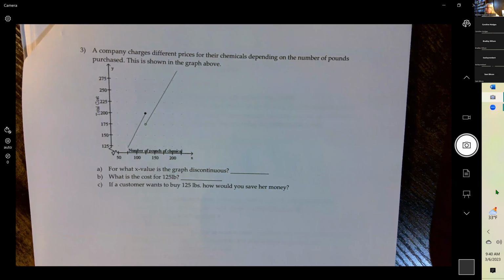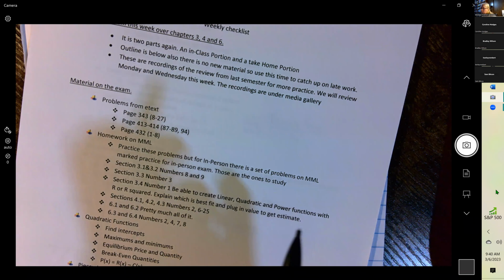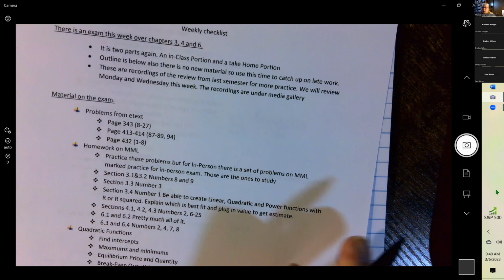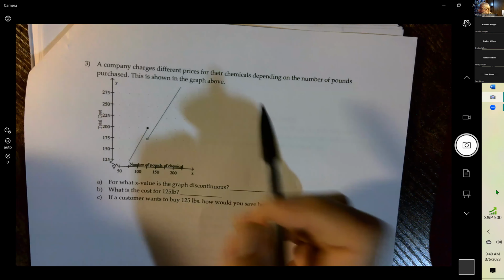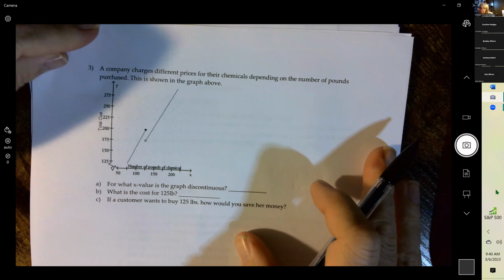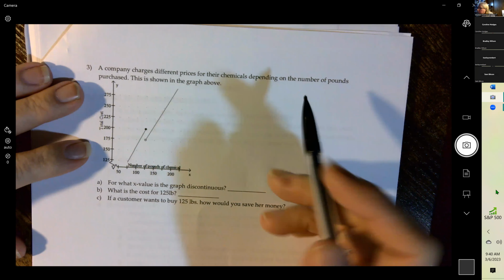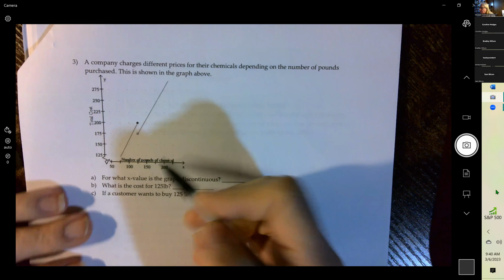This is on the weekly checklist. A company charges different prices for their chemicals depending on the number of pounds purchased. This is shown in the graph.